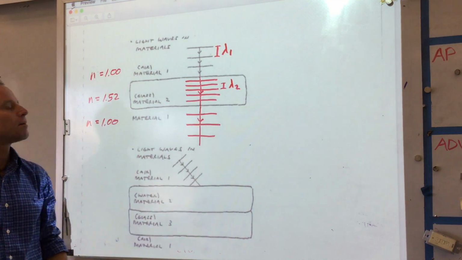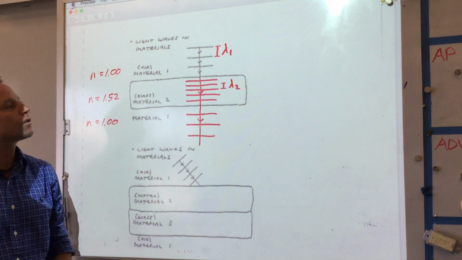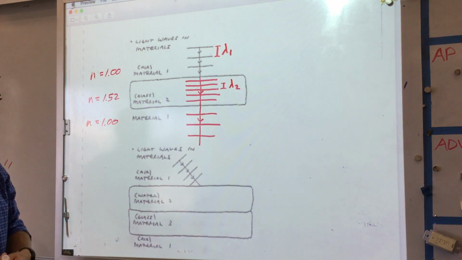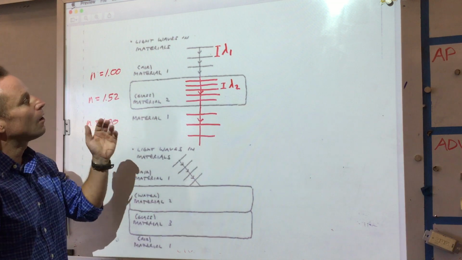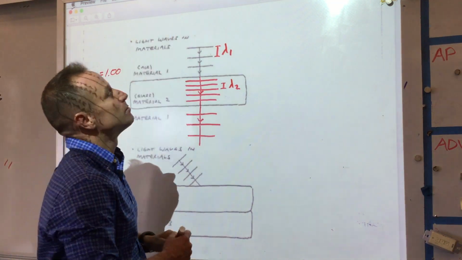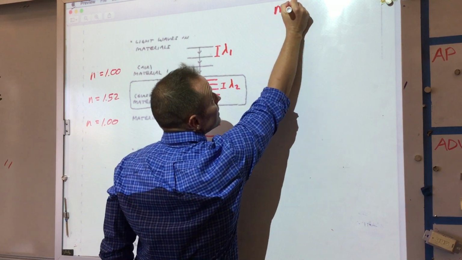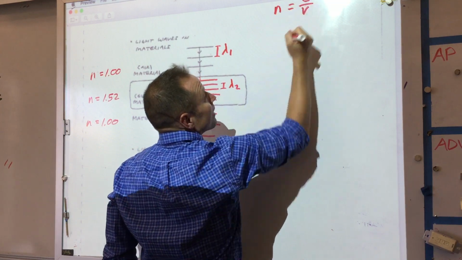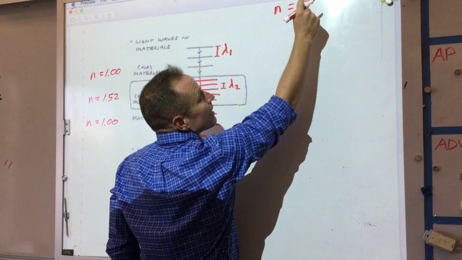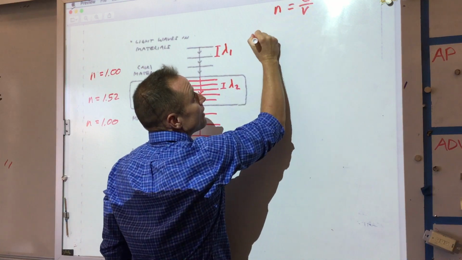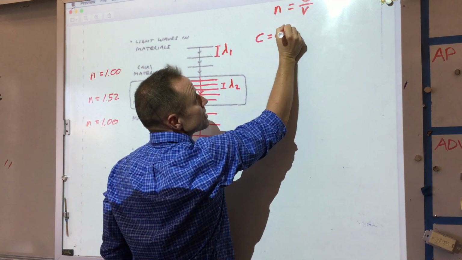Okay, so something kind of useful we can do with this is, if you go back to how index of refraction was defined above, we had n is c over v. Okay, well, the speed of light c, if you just solve for it, that is a constant. It never changes.